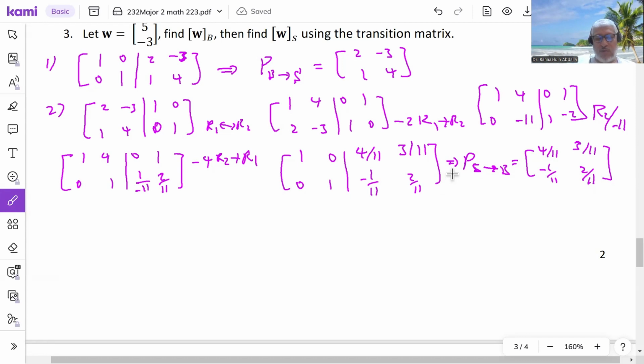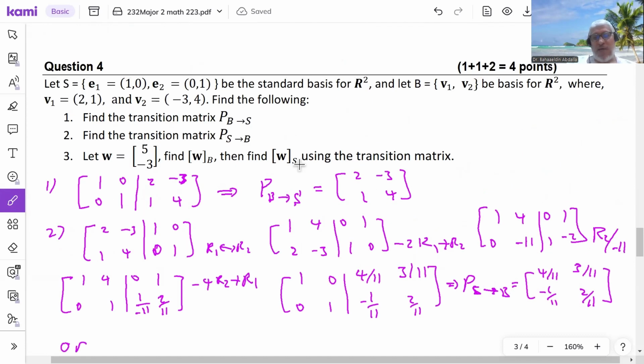So this is one way, or there is a fact we know that these two transition matrices are inverses of each other.